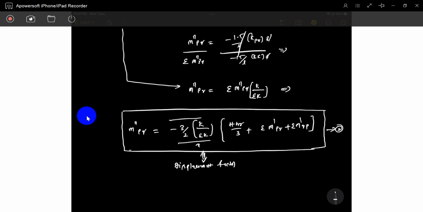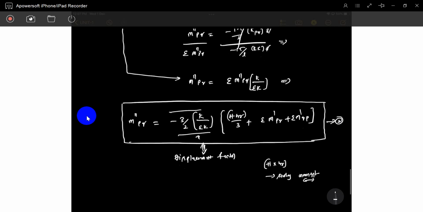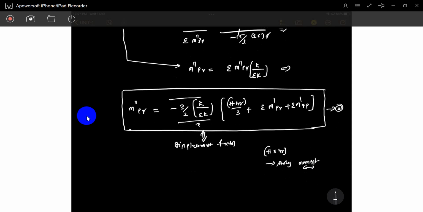So what is this HR? H multiplied with height, you can call it the story moment. H means total shear, multiplied with height. You can call it story moment. Okay, so what is this, sir? What are these things? See, you can observe it.